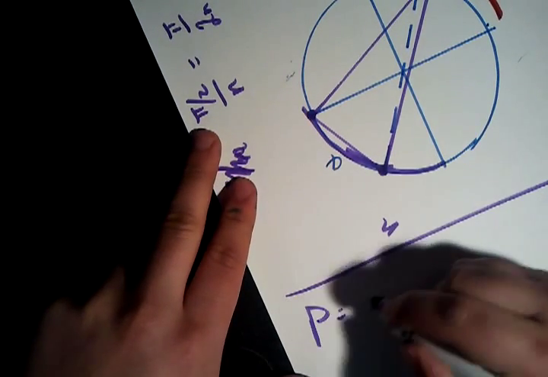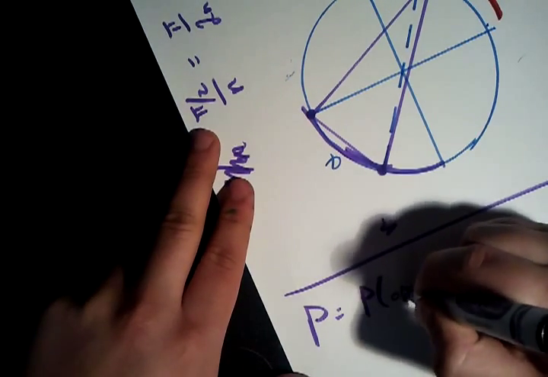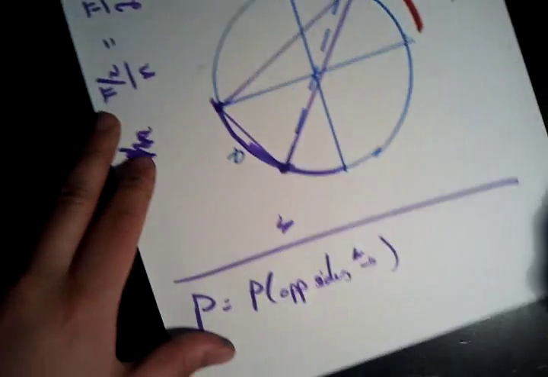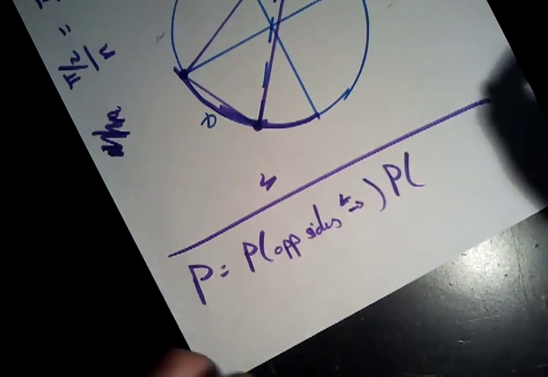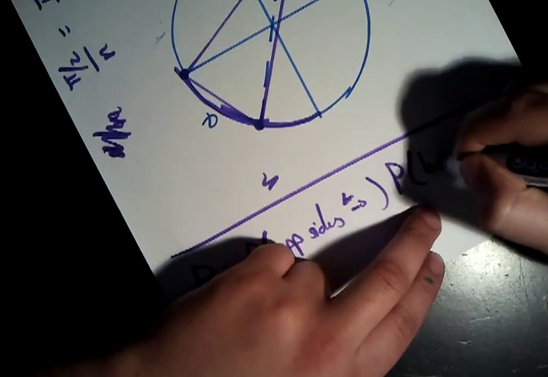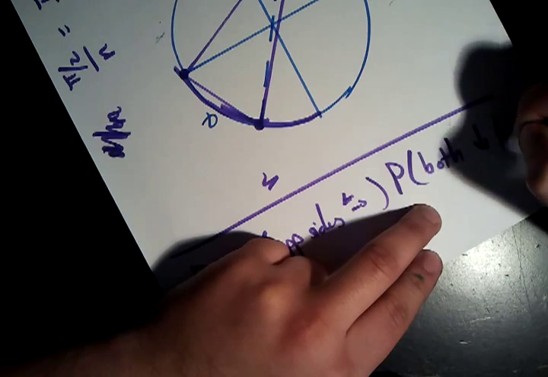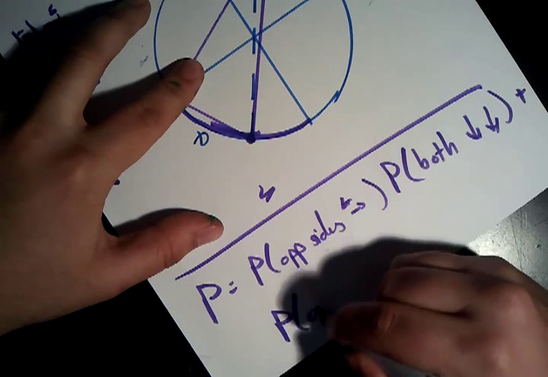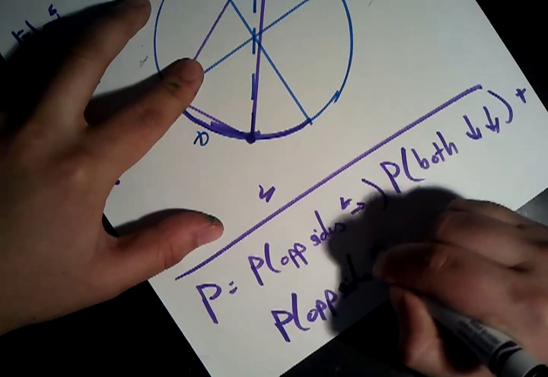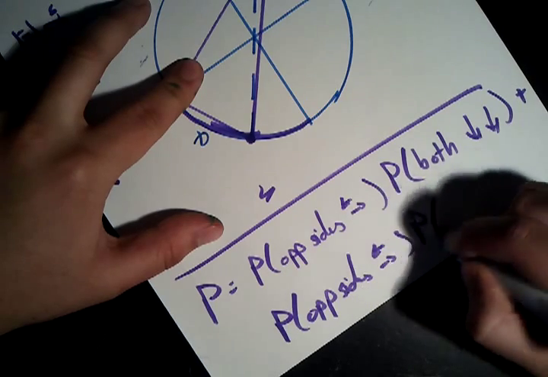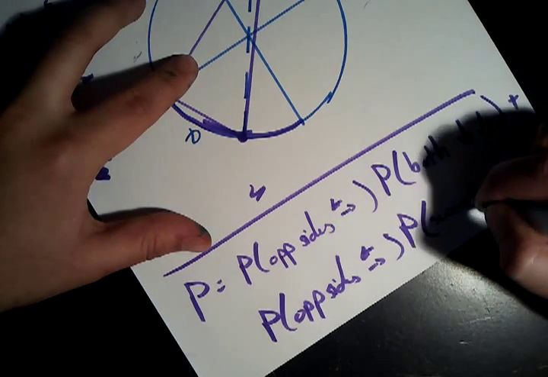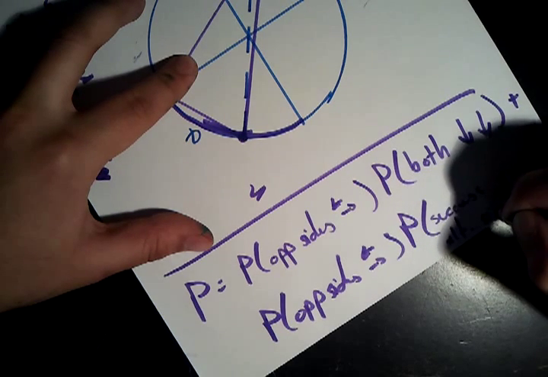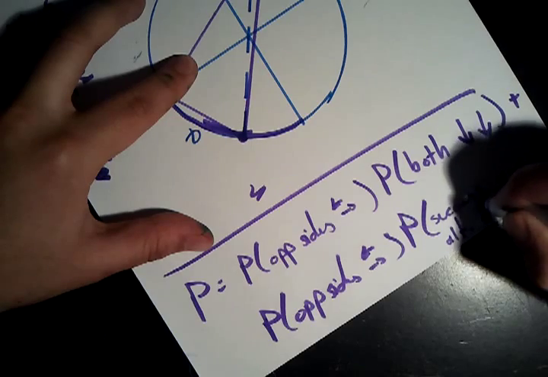So the true probability equals the probability that they're on opposite sides, either left or right, times the probability that they are both on the bottom, so down, down, plus the probability that, again, they're on opposite sides, left, right, times the probability of success given alternate, up, down.